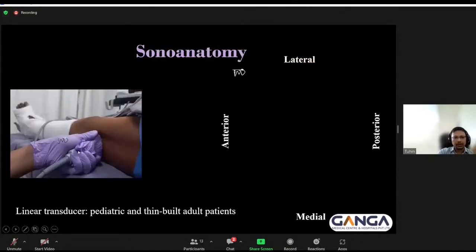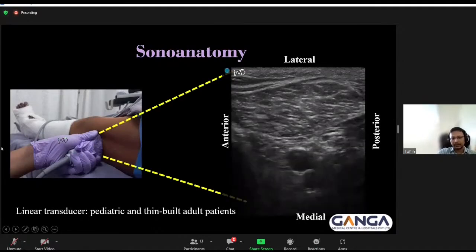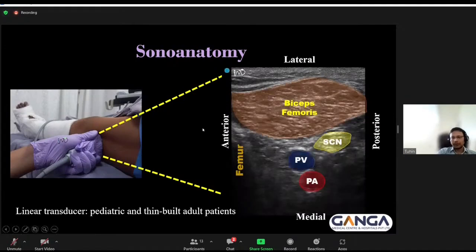Probe position will be lateral to the distal thigh, and I use a linear transducer for pediatric and thin-built patients. If you keep the probe here, you will be able to visualize the biceps femoris muscle with a linear probe, and just below the muscle, you will find the sciatic nerve and the popliteal vessels.